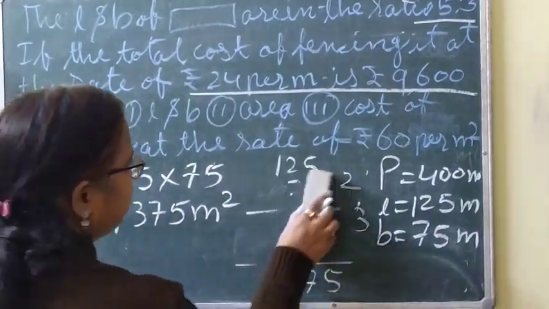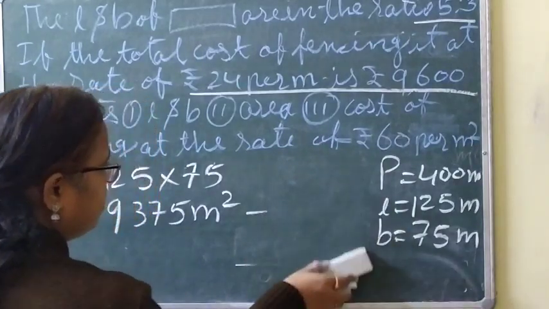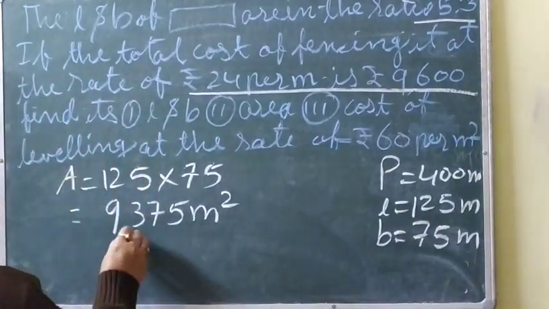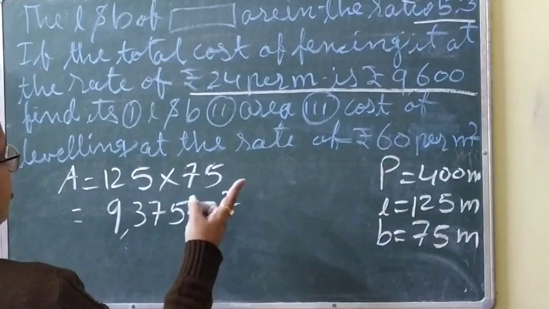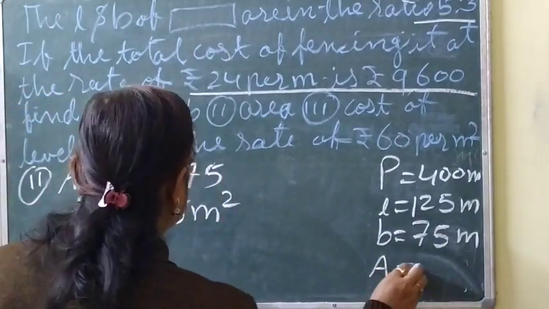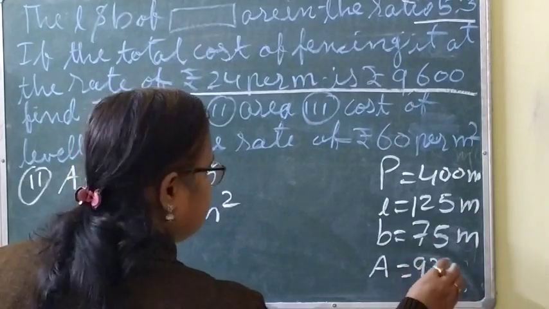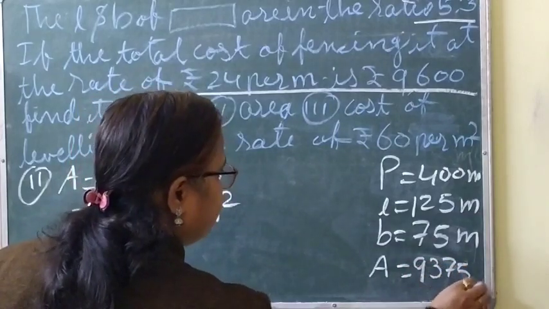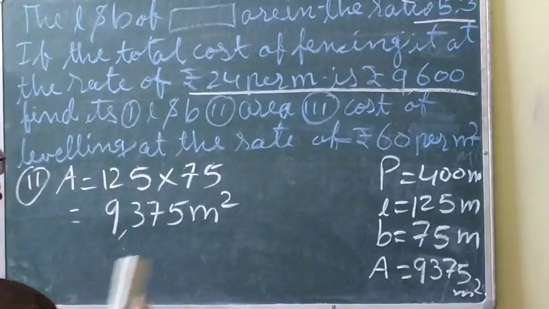So area is this much. Okay. Now this is subpart 2. So area we have got 9375 square meter. Now we have to find out the cost.